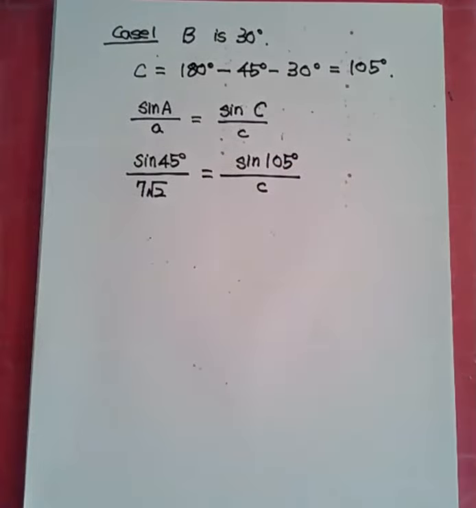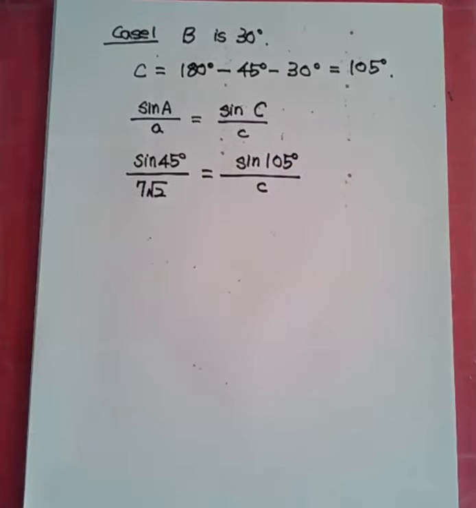These will cancel each other, and then we multiply by the reciprocal on both sides to get C by itself on the left side. So those will cancel each other and become 1.